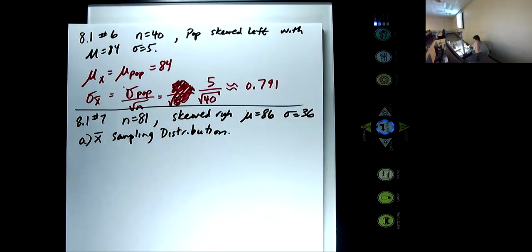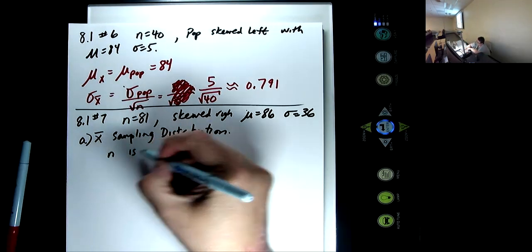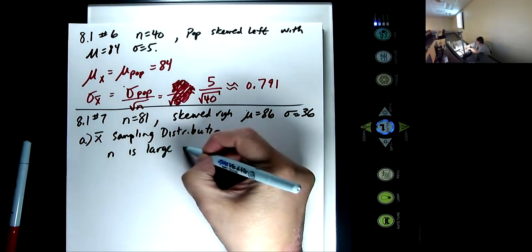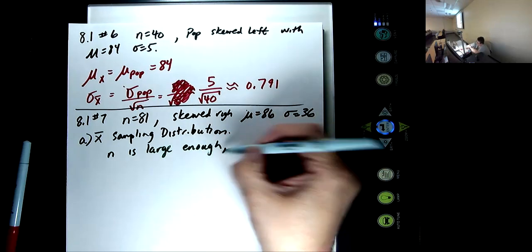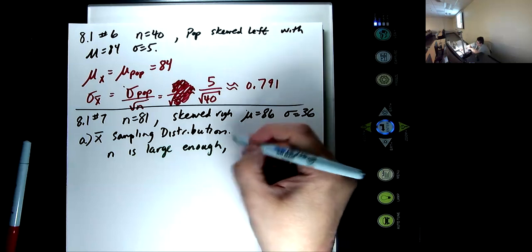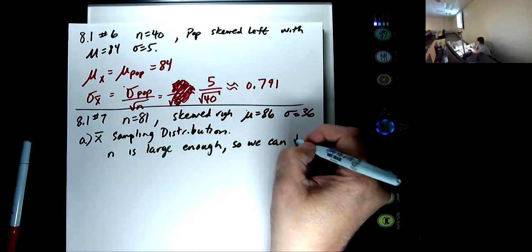So for here, n is large enough, so we can use the normal calculator. We can treat it as a normal distribution.